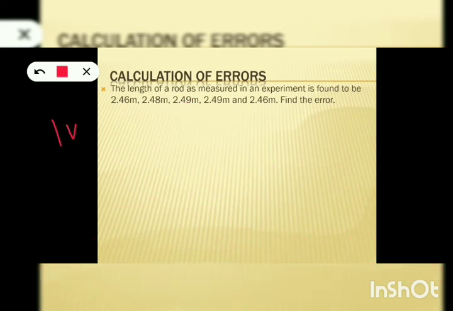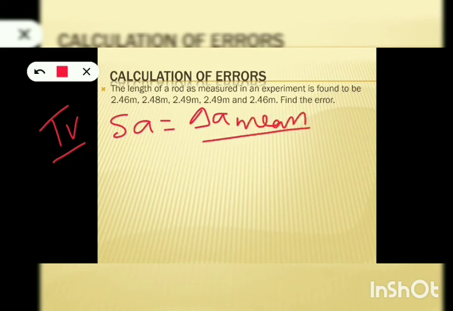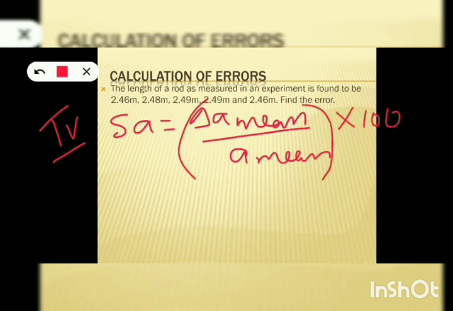Now the fourth step. What is relative error? Relative error is delta A mean divided by A mean, right? When I multiply this ratio with 100, I will get the percentage of relative error, and this is known as percentage error.